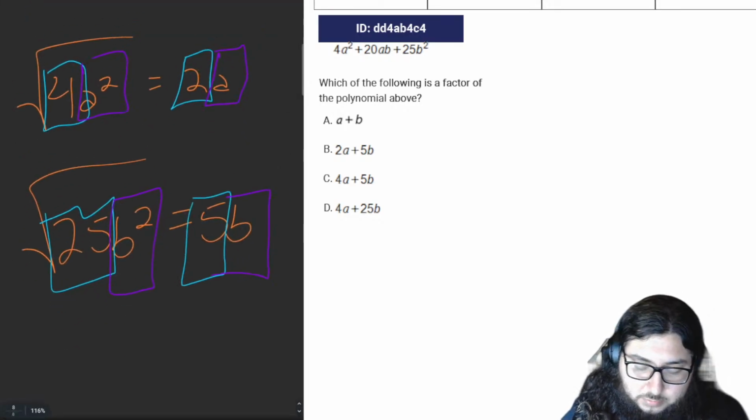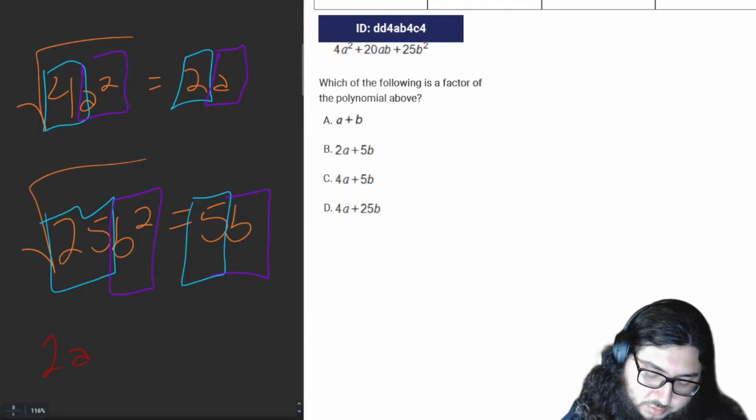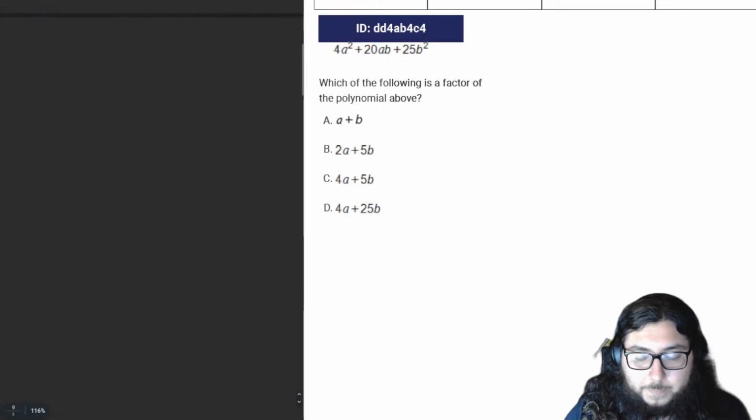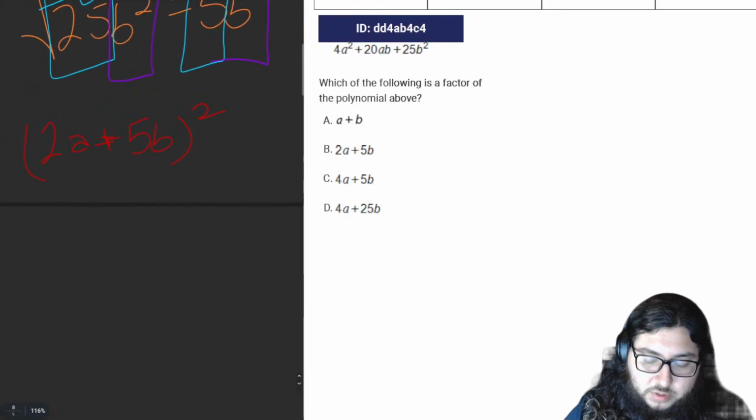So we have that our polynomial can be rewritten as a squared binomial. But the question asks not how can we rewrite this polynomial, but rather which of the following is a factor. So recall that when you square something, you can rewrite it as the multiplication of that number times itself.